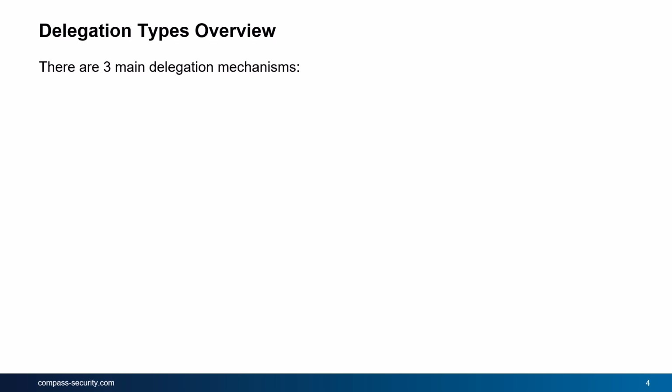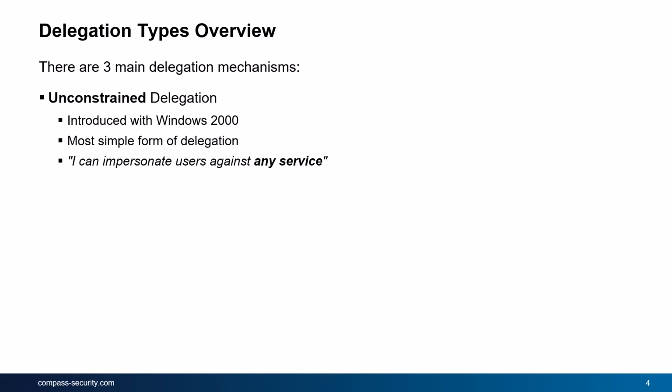Now let's get on with the basics of resource-based constraint delegation. As we have learned previously, there are 3 main forms of delegation in Windows Kerberos. We have the unconstrained delegation, where a service can simply perform the delegation against any other service within your infrastructure.